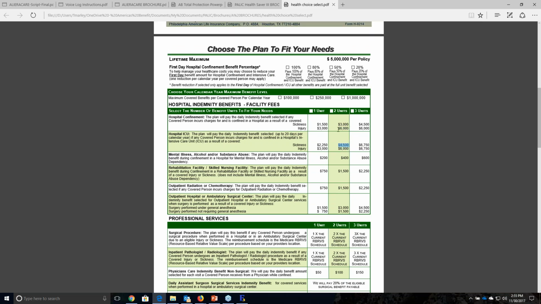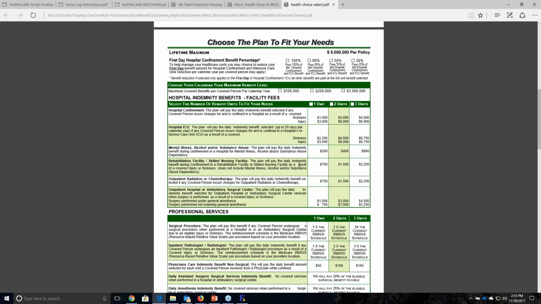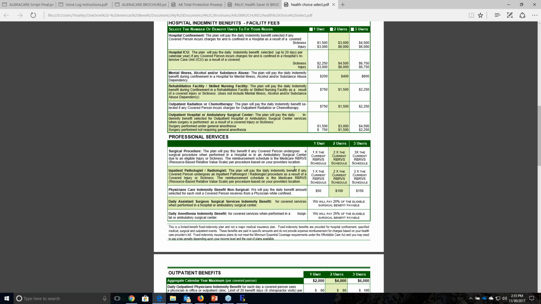That's easy when it comes to the facility. When it comes to surgeries, there's over 1.5 million different procedures, from a broken leg, a splinter in your eye, a pacemaker, angioplasty, broken forearm, whatever. For us to specifically list all 1.5 million, the policy would be way too thick. So what we do is we just copy what Medicare pays.